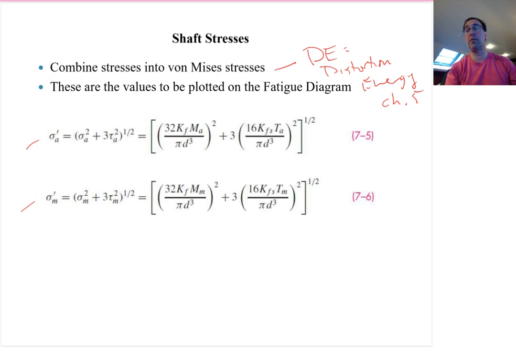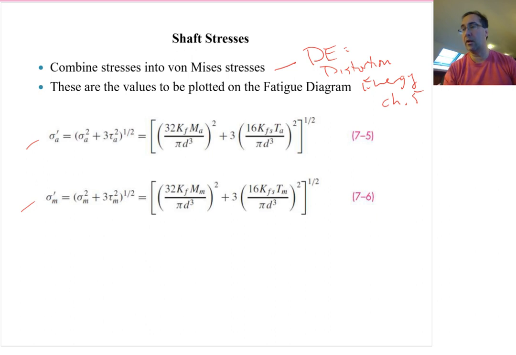Now, again, we have another audio quiz problem here. It's going to be problem 4 on the quiz, again audio only. If you go back to the previous slide, the definition of sigma A, I would like you to calculate sigma sub A if K sub F equals 3, M sub A equals 2,000 pound-inches, C equals 2 inches, and I equals 1.5 inches to the fourth.